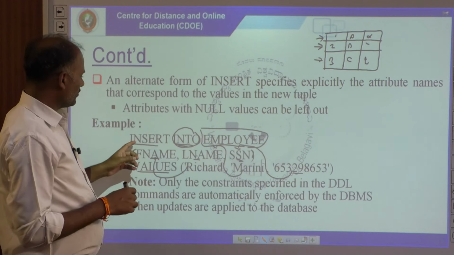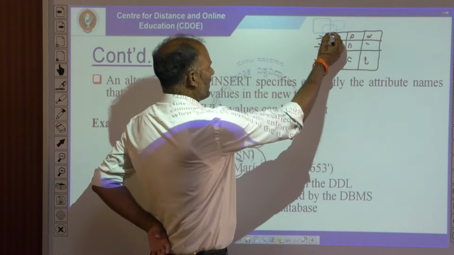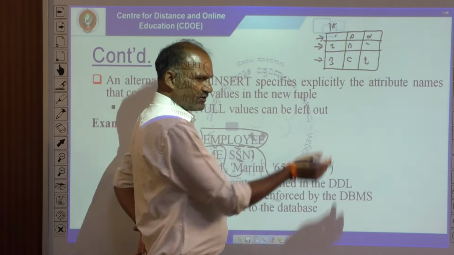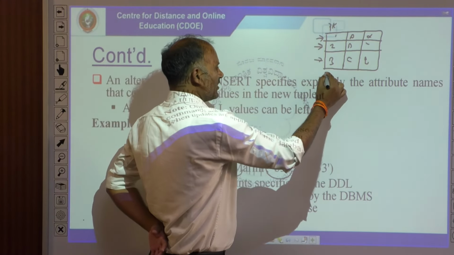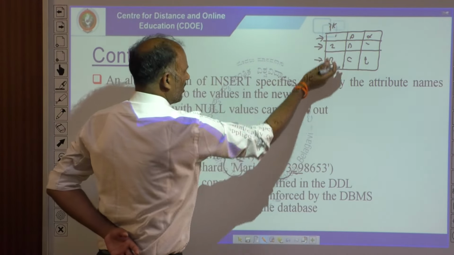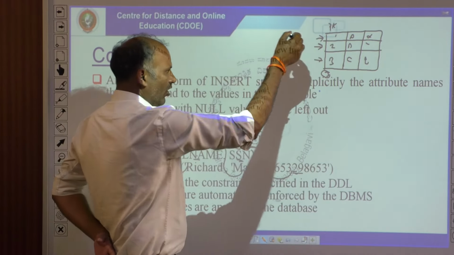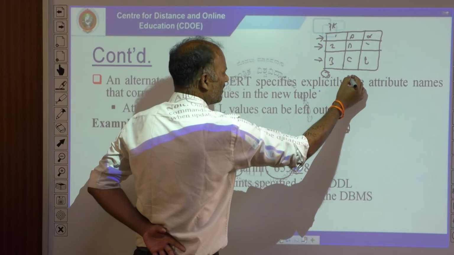But when you are using the insert statement, assume that this is a primary key field, and you are trying to insert one more record to this table, say 3. Assume that the primary key rule is already imposed on the table and this is one data, and this is another data.